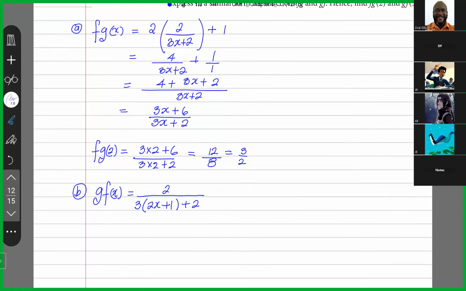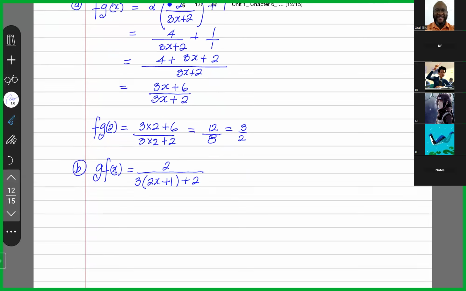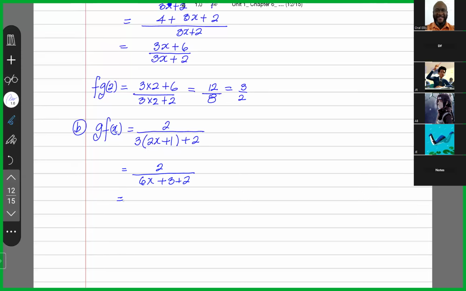All right, I guess if I wanted to simplify it, I could say this is equal to 2 over, down by the bottom, distributive law, 3 times 2x is 6x, 3 times 1 is 3, plus 2. And the final thing would be 2 over 6x plus 5.